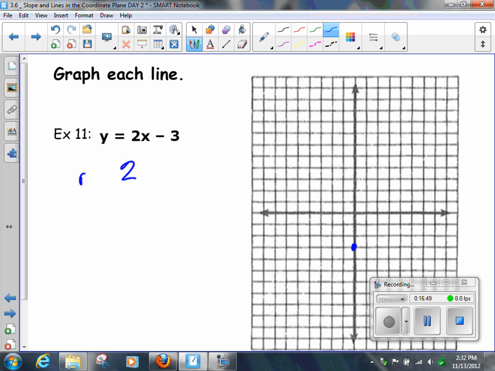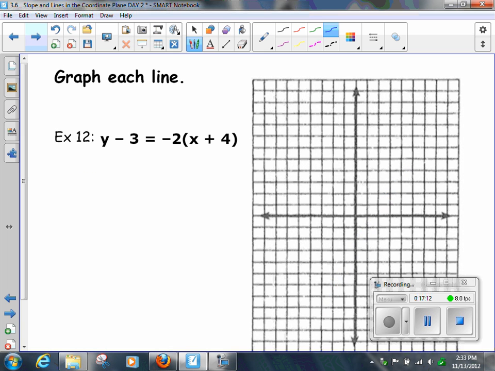Okay, so 2, which is our slope, becomes 2 over 1. Up 2, right 1. Up 2, right 1. Or from the y-intercept, I could go down 2, left 1. Down 2, left 1. How many of you had a very straight line that looks like that? Rock on. Very good.